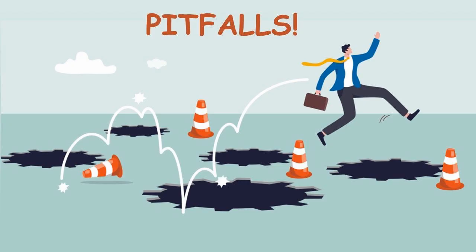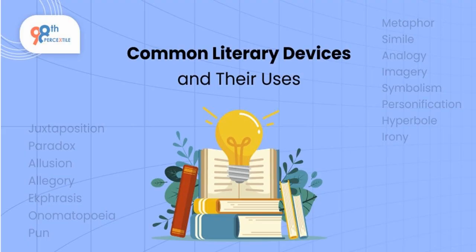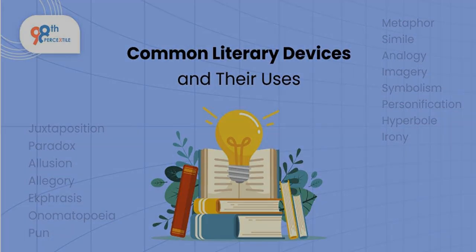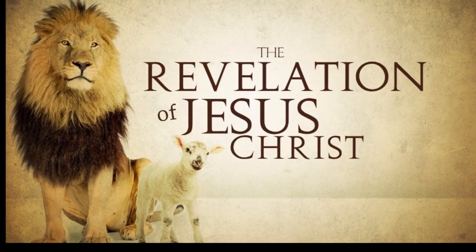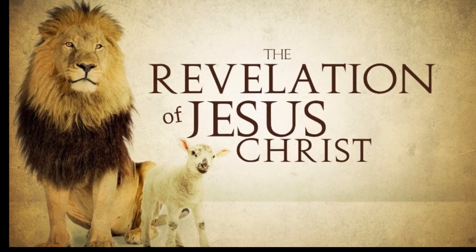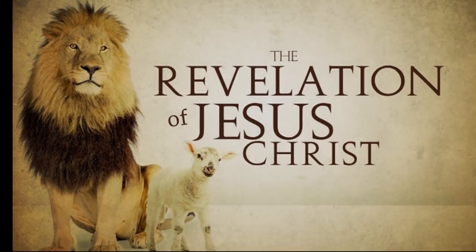Another, more serious pitfall is getting obsessed with the literary features of Revelation, like the symbols and the chiasm, and forgetting that the book of Revelation is a revelation of Jesus Christ. What can the Revelation chiasm reveal to us about Jesus?